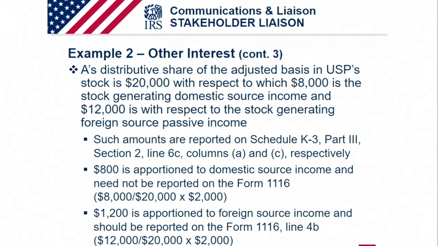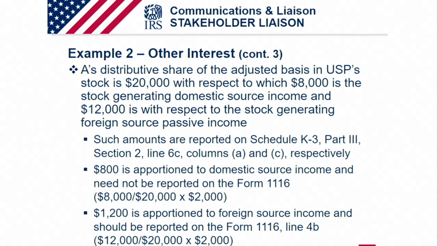800 is apportioned to domestic source income and does not need to be reported on the Form 1116 because, just like the gross income, the expense allocated to U.S. source income does not need to be reported on the Form 1116.